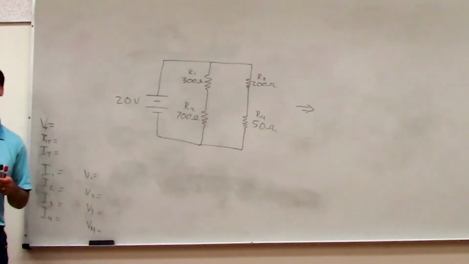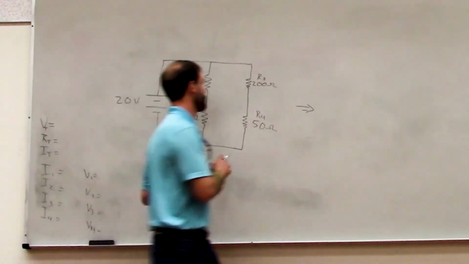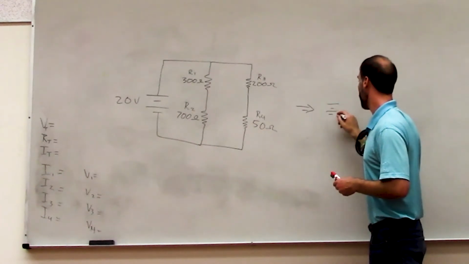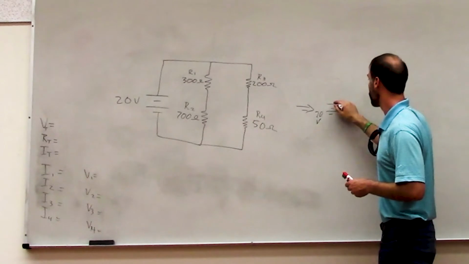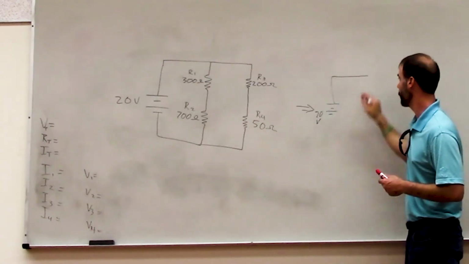Yeah, what do you see? Sure. Well, each branch, the resistors are in series with each other, and then the branches are in parallel with each other. Yeah, exactly. So the first branch, you've got two resistors that are in series, right?